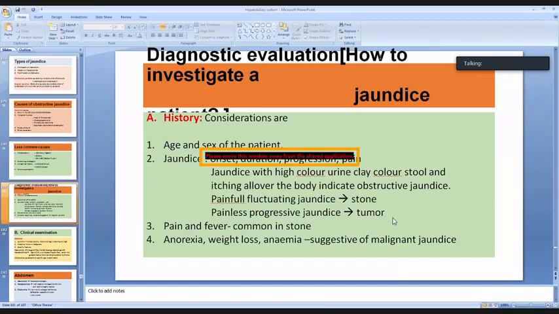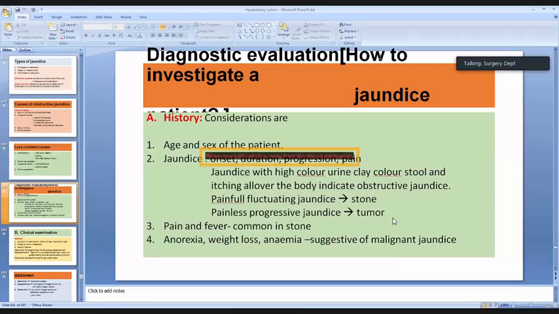This diagnostic evaluation definitely starts from the history. In the history, we have to consider certain things that might be related to the disease.